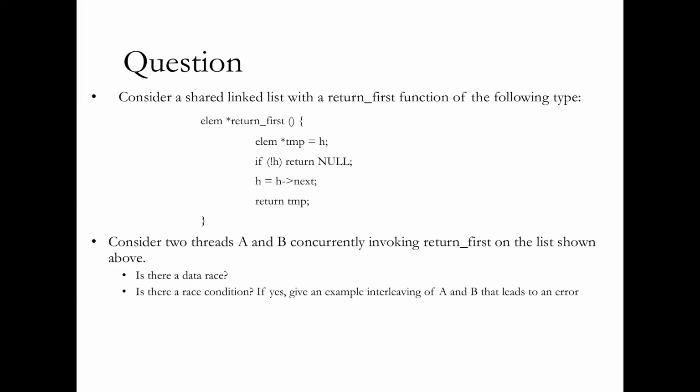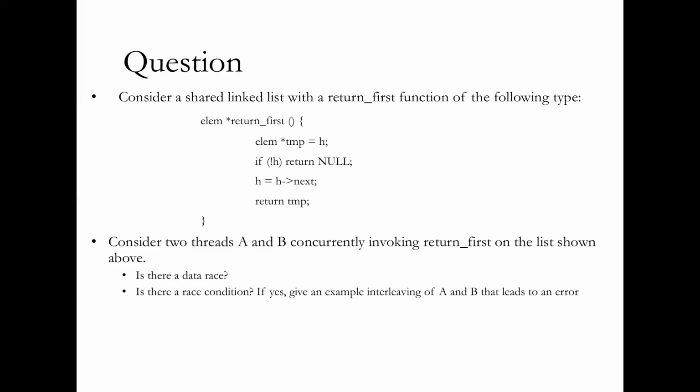A data race should be easy per our definition. Do we have a memory write to the same location, which can be done concurrently by two threads? Yes. So what line is that? Well, when we have h equals h next, we are updating head.